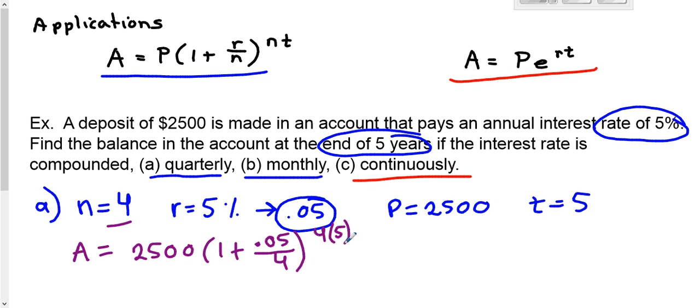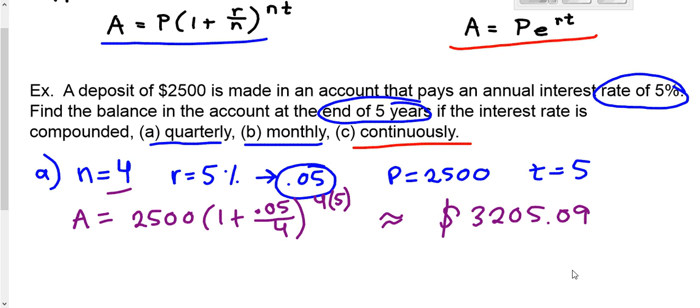Okay, so plug all that in your calculator, and you'll get a longer decimal, but this is money. So this is not 3 decimal places. We measure money with 2 decimal places. So this is 3205.09.